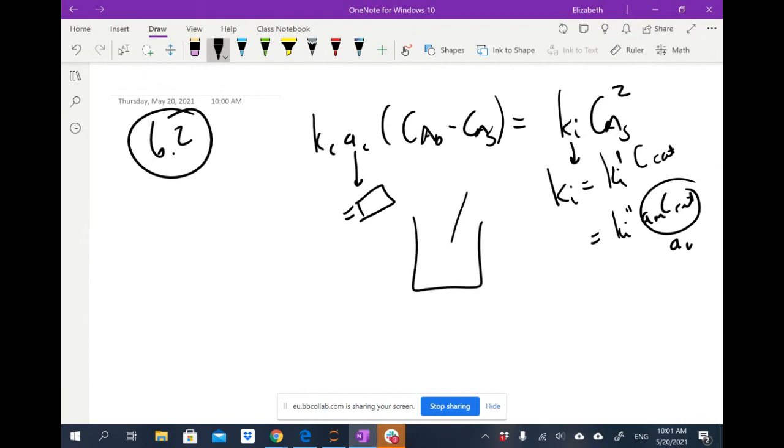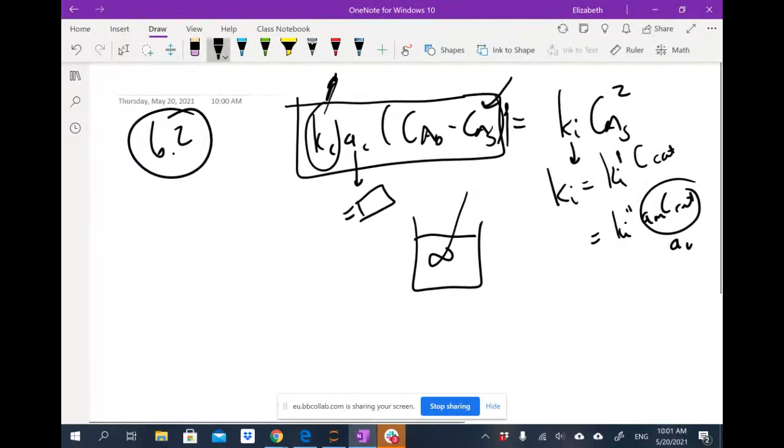What happens in that CSTR, in that 6.2, is that I increase this. If I increase this, the implication is that the surface concentration is going to go up. But I want this whole relationship to remain constant. So what changes? The CA bulk must stay the same, so that is a constant. Kc is going to change, AC is going to change, and the surface concentration is going to change.